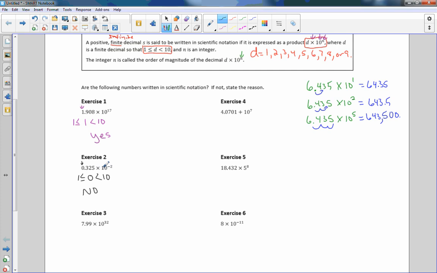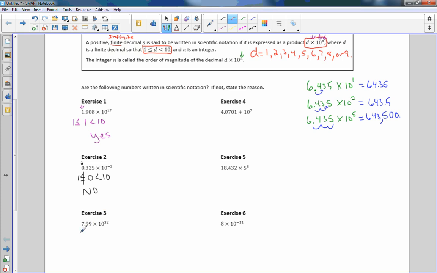I have multiplication. I have a base 10 to a power of a finite number, but my number in front of the decimal is not 1 through 9. So that is no. It does say state the reason, but if I write this, I would believe that that is the reason. And then I would want to draw a line through here saying 1 is not less than or equal to 0.